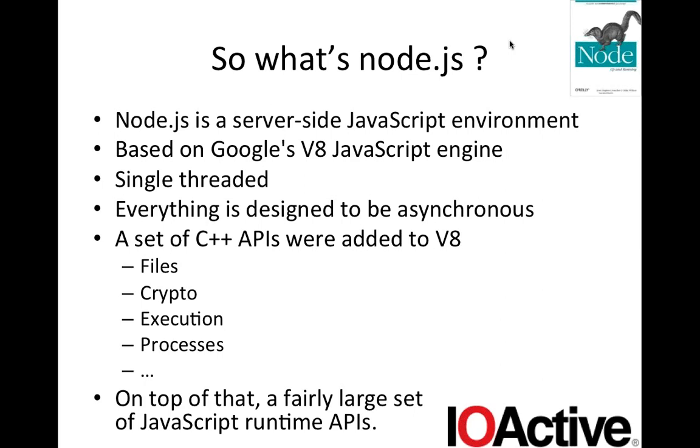Right, so what is node.js? Essentially, node.js is a server-side JavaScript environment. What the node.js guys did is they took Google's V8 JavaScript engine, made it single-threaded, and then they added on a bunch of APIs that made it really powerful from a server-side perspective. The whole thing is designed to be asynchronous.